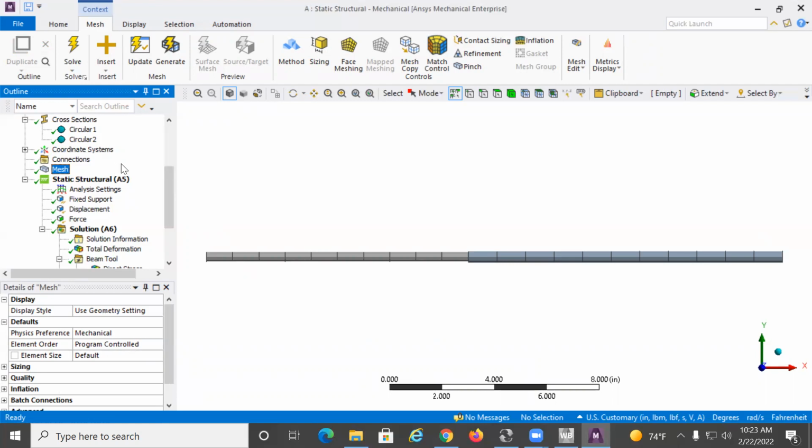I want to remind you that the element that we are using here is a beam element. A beam element is not a bar element. So this element is capable of allowing an axial force, axial displacement, it also allows for rotation and bending, as well as shear.